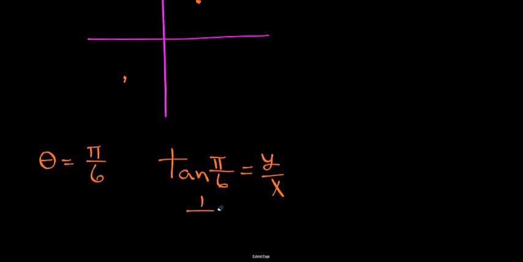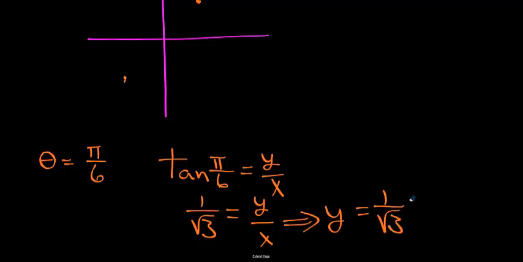So you have 1 over the square root of 3 equals y over x, or just y equals 1 over the square root of 3 times x. There you have it. That's your line. Because theta equals pi over 6, it doesn't care what r does. Theta is always pi over 6 for whatever r you give me.